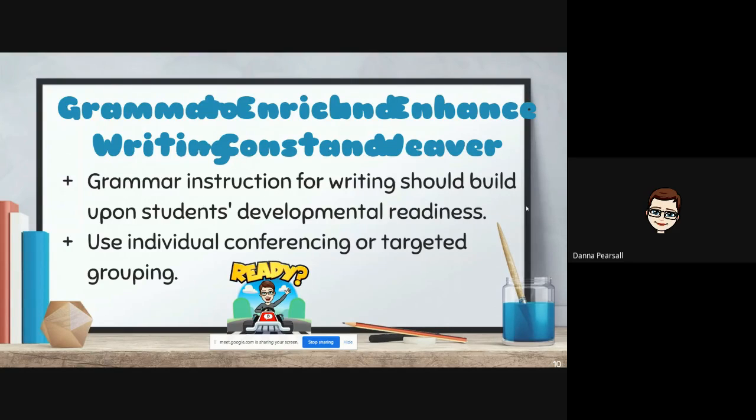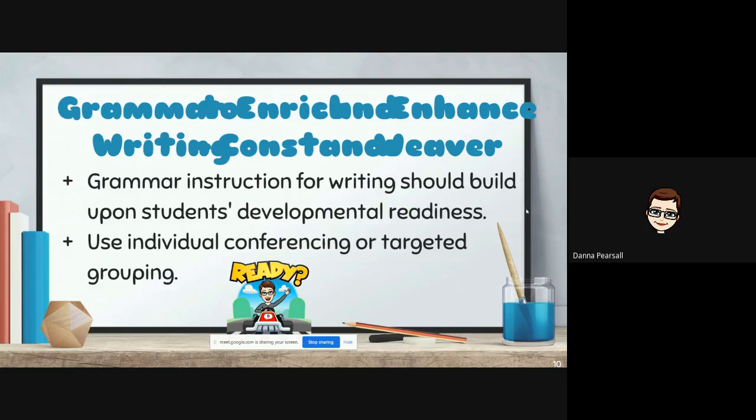But the point is, just like with anything, it's important to teach the kids at their level. And so if that means taking the whole year to continually work on putting a comma before a fanboy, it doesn't mean you're not going to do anything else, but if you need to keep going back to that throughout the whole year for this one student, then that's what you do.